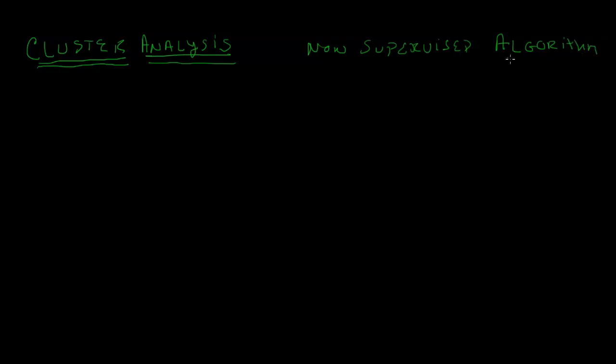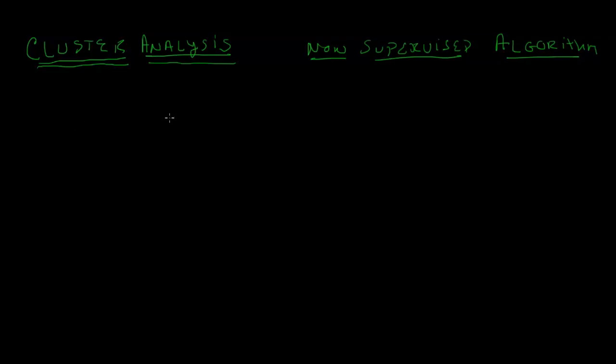Now, what do I mean by non-supervised? It means that you're not going to give the computer the rules for how to put the people into clusters. You're going to give the computer the data and have it figure out how to cluster the people.